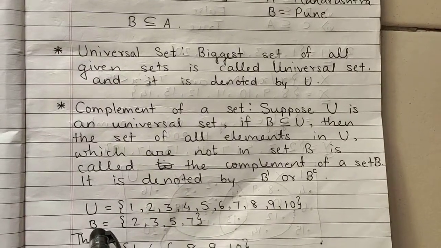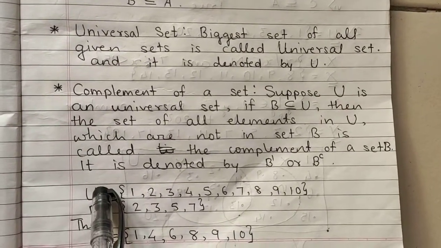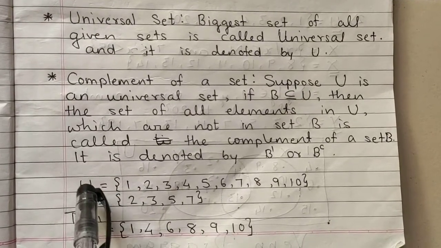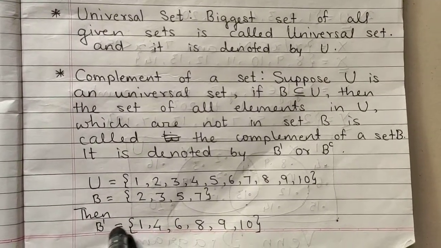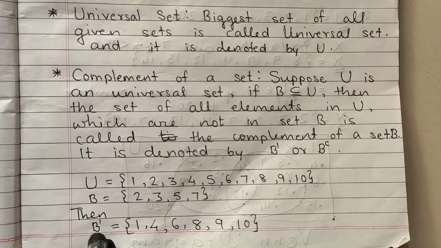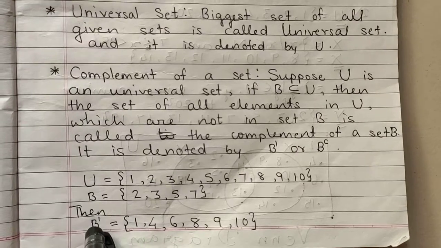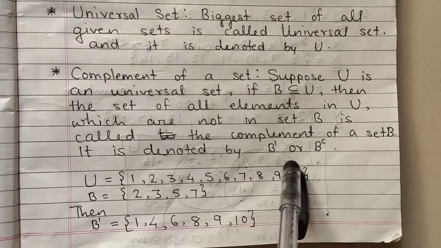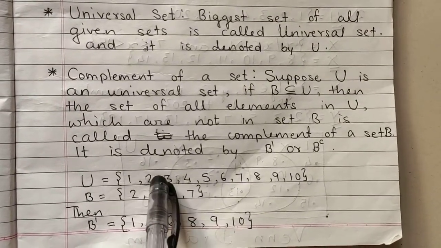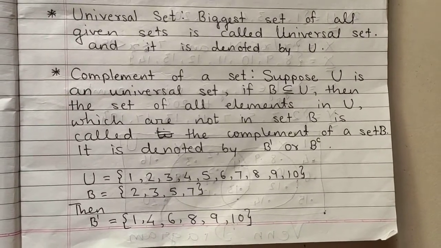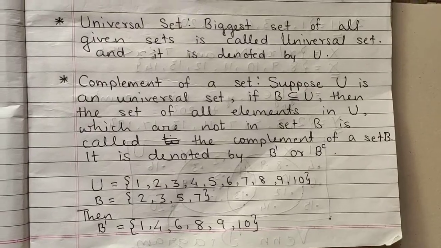You have to compare your set with the universal set, and whatever is extra, that you will write. Whatever is extra in set U, that you will write as the complement of the set, and we denote complement of a set with a dash. So for B we have B dash, and those elements we have written which are extra in set U. Okay.